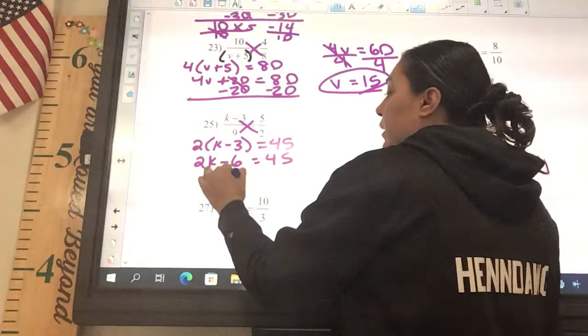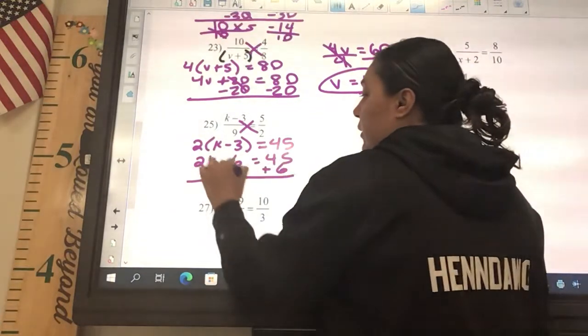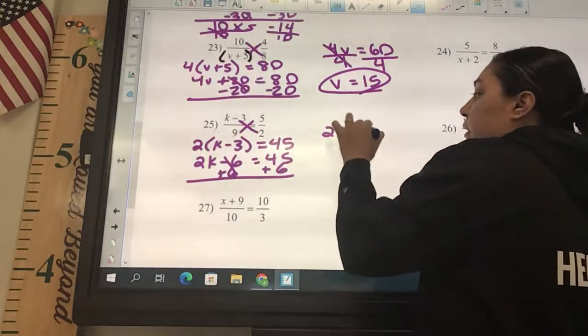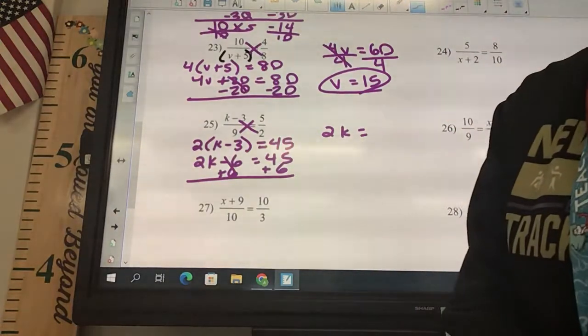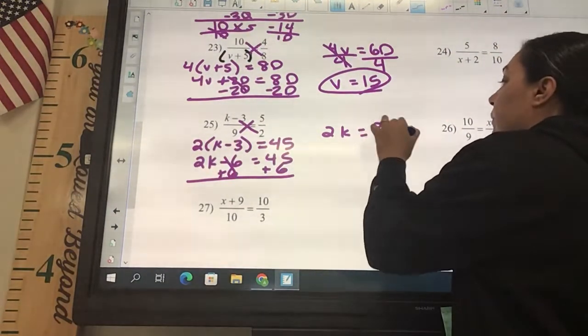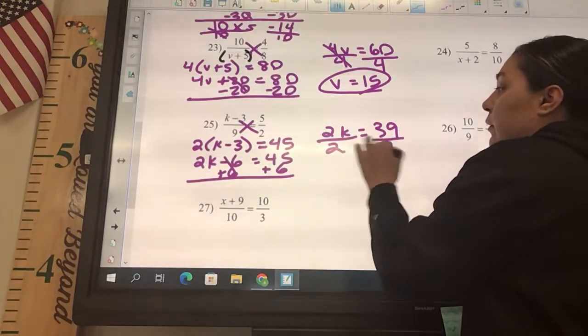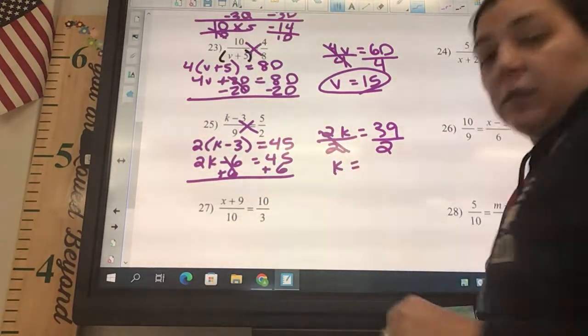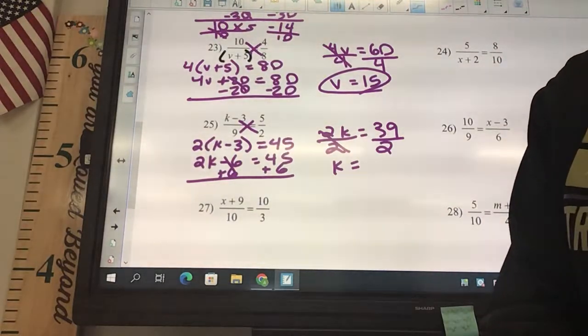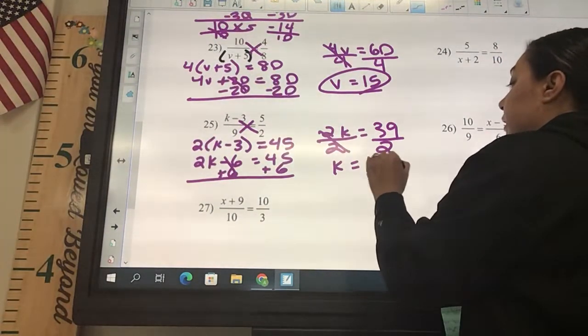So we're going to say plus 6 plus 6. You get 2k equals 39. And then we're going to divide by 2. So 39 divided by 2, you're going to get 19.5.